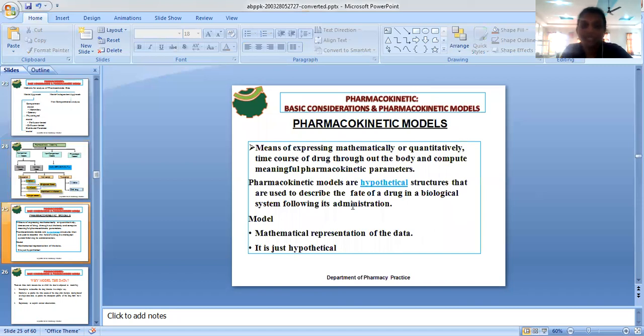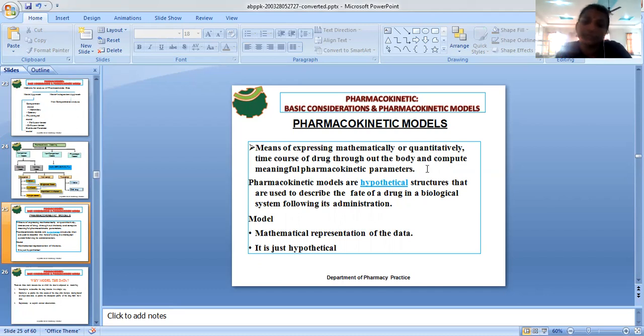In short, you can say that a pharmacokinetic model is a hypothetical structure used to describe the fate of the drug in the biological system after drug administration, and it is just a hypothesis only. The model is only a mathematical representation or description of the data. Pharmacokinetic models express mathematically or quantitatively the time course of the drug throughout the body and compute the mathematical parameters.